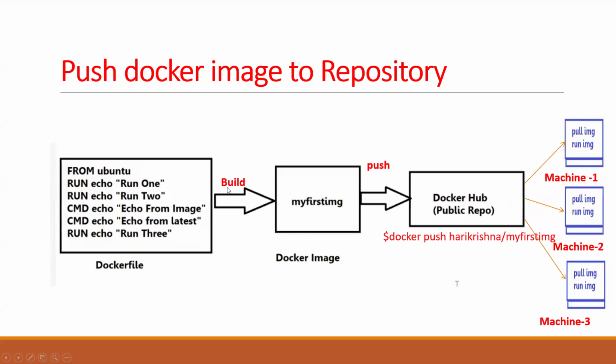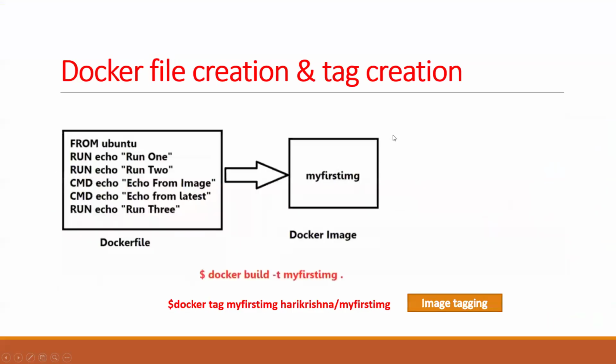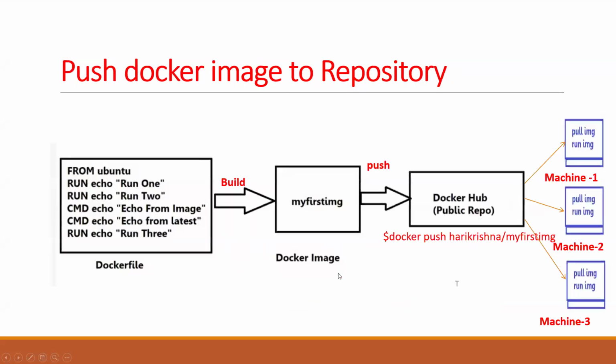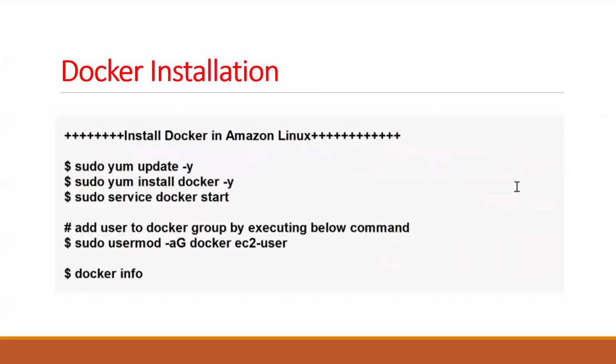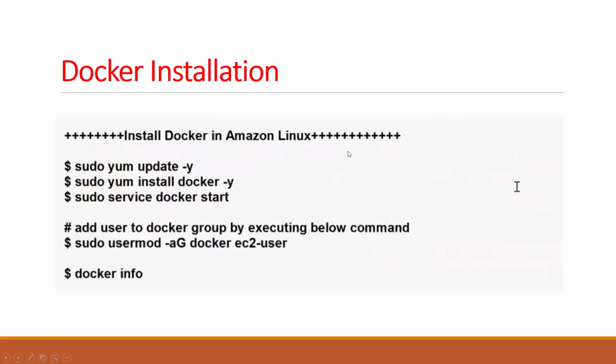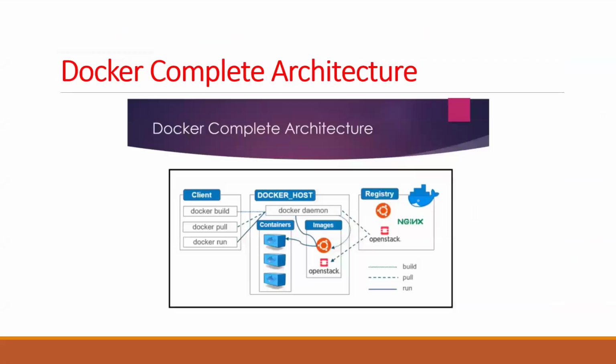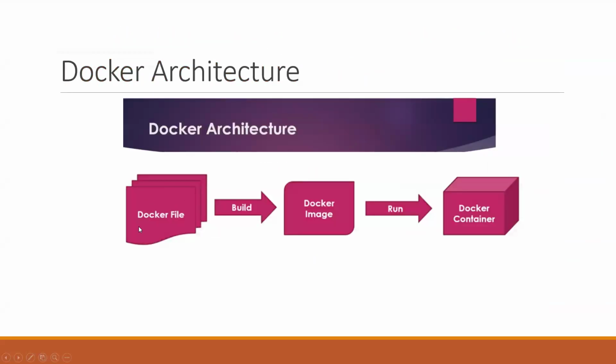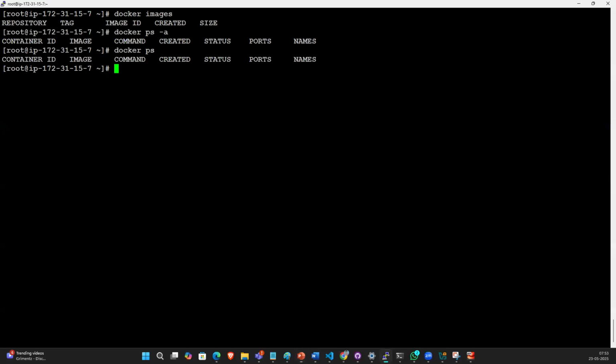You can use docker build to build the image from the Dockerfile. From the Dockerfile, we can build the Docker image. From the Docker image, we can run the Docker container. Understood? Yes. So what is the command?